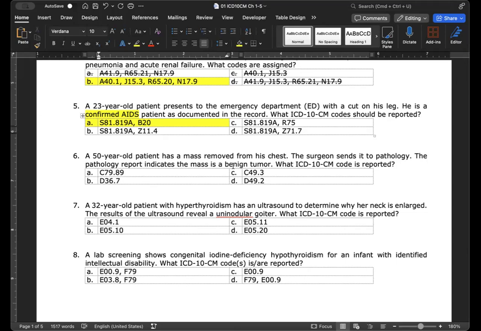And then our behavior is benign. D36.7. Okay. Does everybody see D36.7? Any questions on that one?